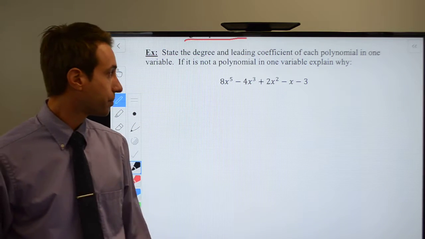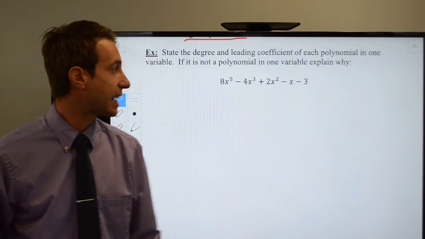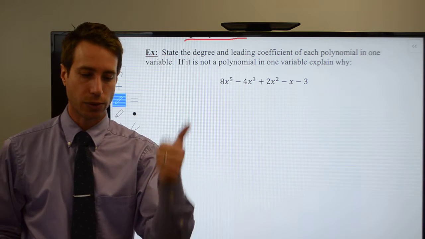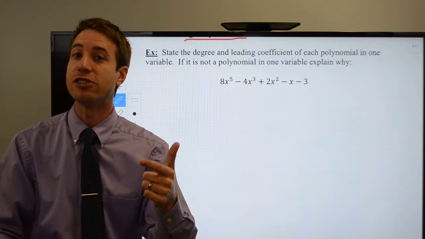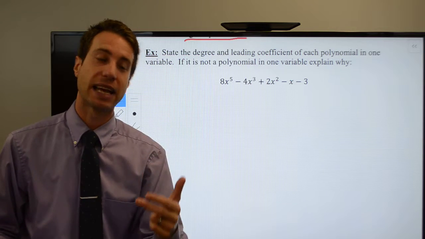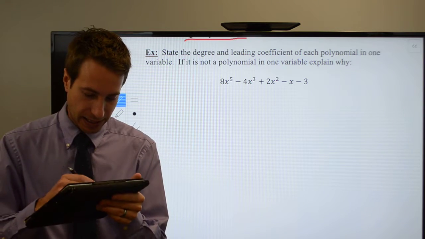So here we go. First of all, I take a look at it and I can easily see I don't have any square roots, I don't have division by any variables, and I don't have any negative powers. So yes, this is a polynomial.